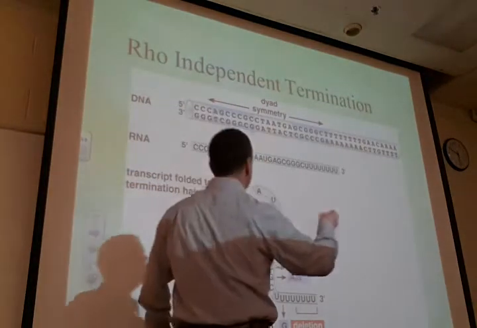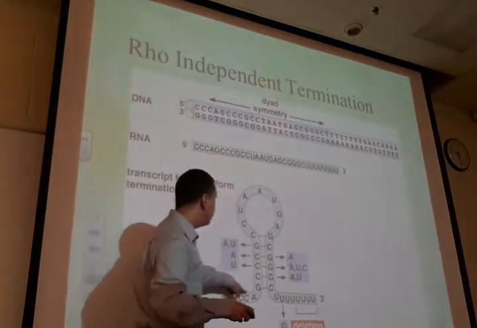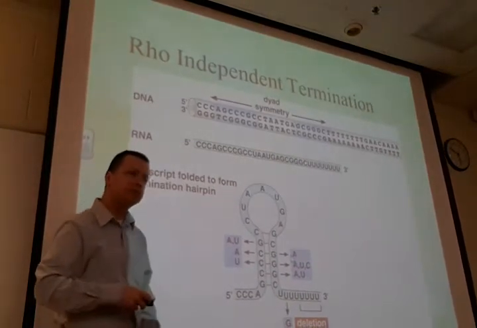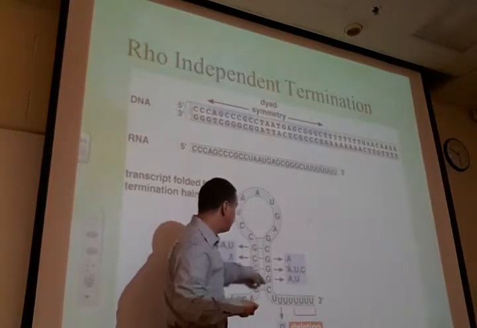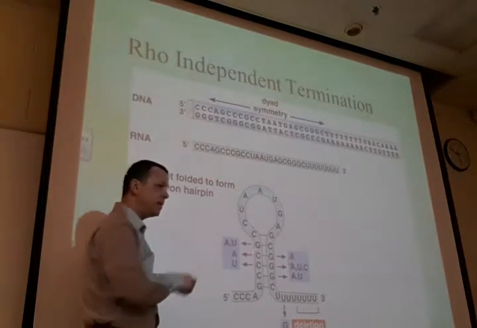When this terminator sequence is transcribed into RNA, it folds on itself to create this hairpin structure. So we have intramolecular GC binding here, and that folds into this hairpin-like structure.